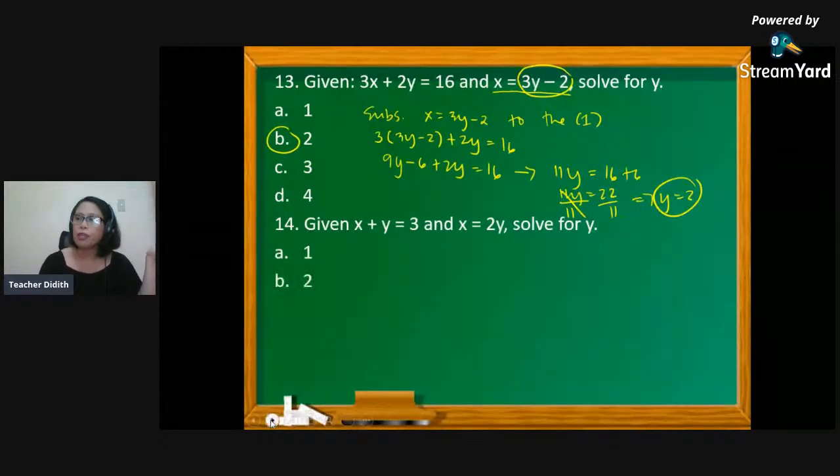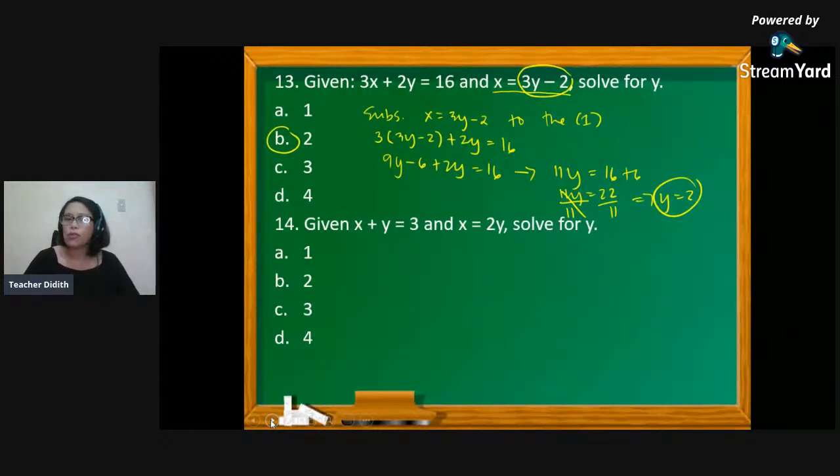Okay, so for number 14, given the two equations, you're going to solve again for y this time. So you start solving, guys. And again, I suggest you use substitution. So you have the answer already.